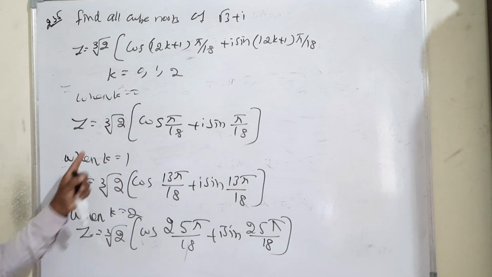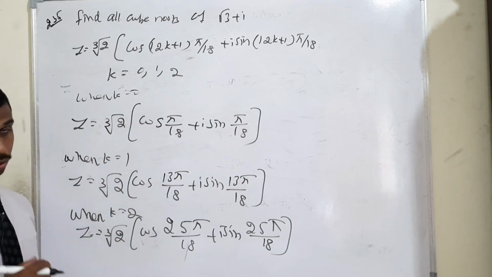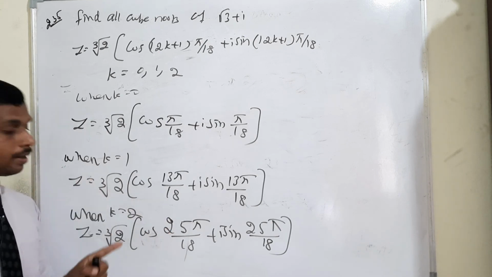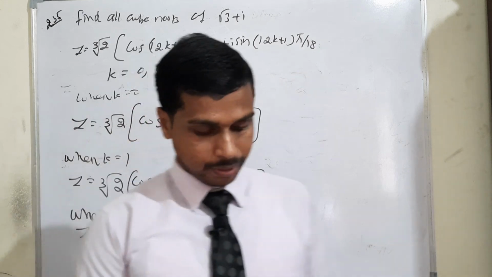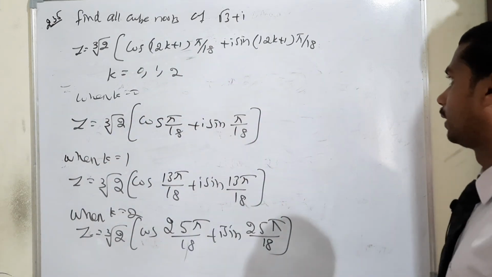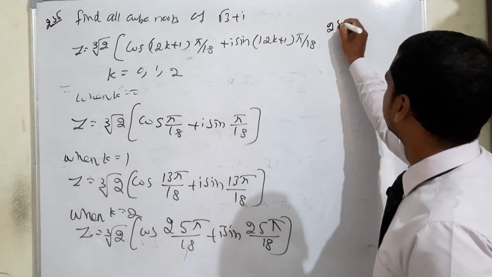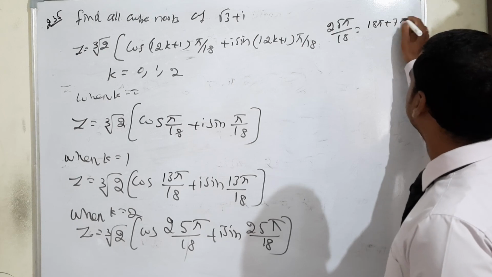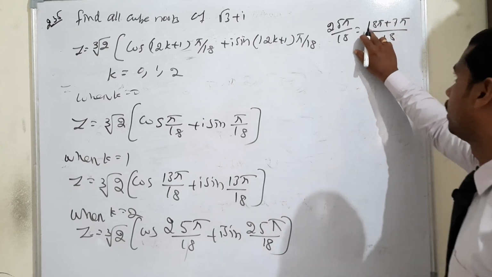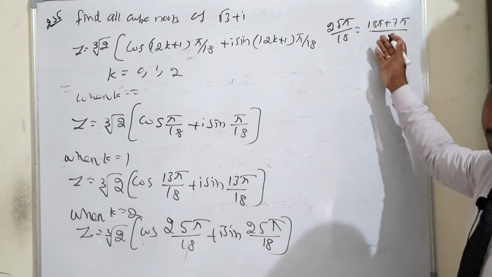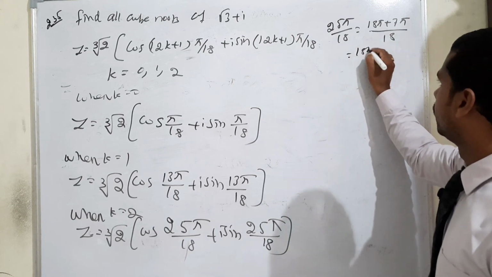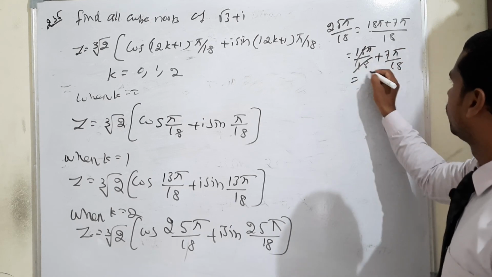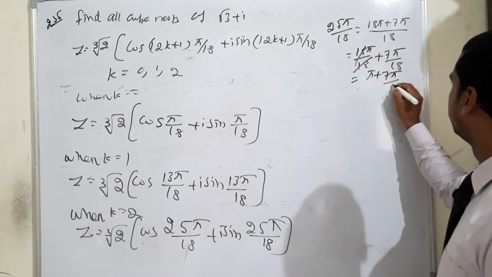Look at this: comparing the three terms, in the first and second the numerator is less than the denominator, but in the third one the numerator is greater than the denominator, so we have to expand it. 25 by 18 we can write as 18 pi plus 7 pi by 18. Why am I writing 18? Because 18 divided by 18 cancels, so we get pi. So we can separate it: 18 pi by 18 plus 7 pi by 18, then 18 cancels, means pi plus 7 pi by 18.